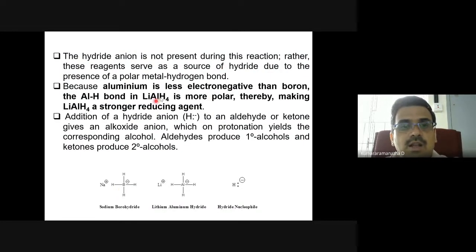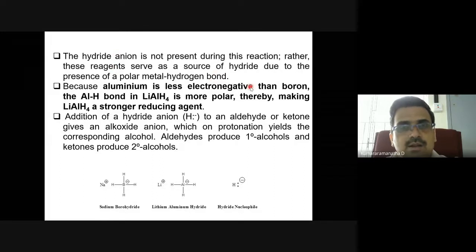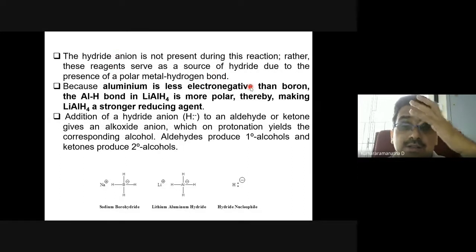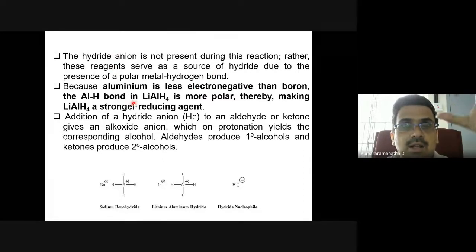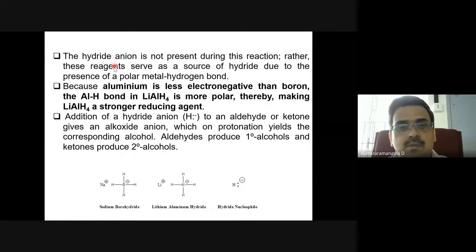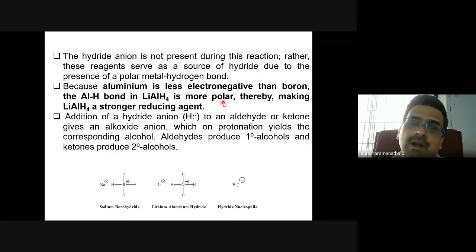In the case of the hydride ion in this reaction mixture, how do you understand the polar metal hydrogen bond? Aluminum is less electronegative than boron. So even though boron and aluminum are in the same group, the aluminum hydride bond is more polar, which makes lithium aluminum hydride a very strong reducing agent.